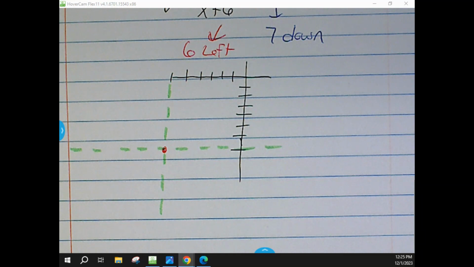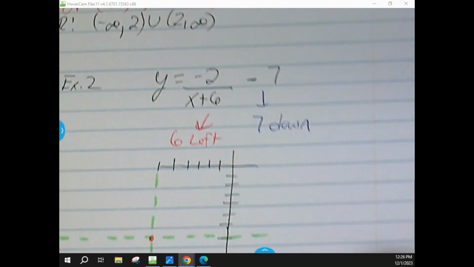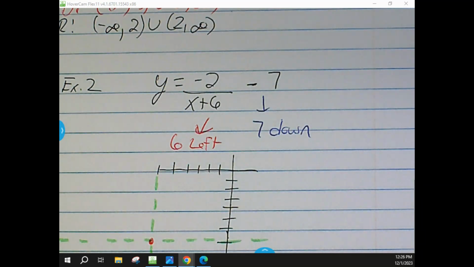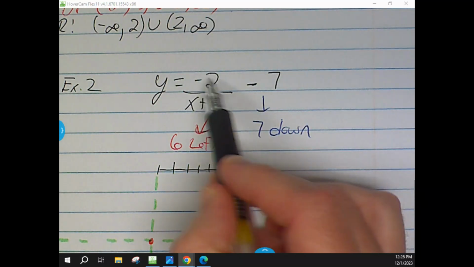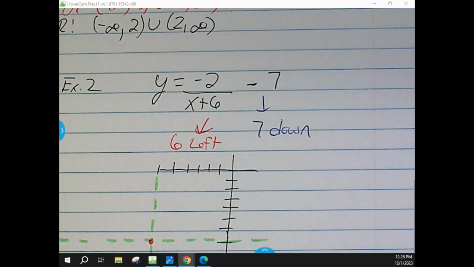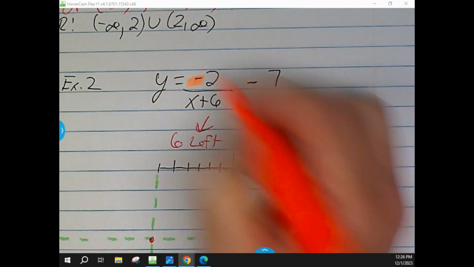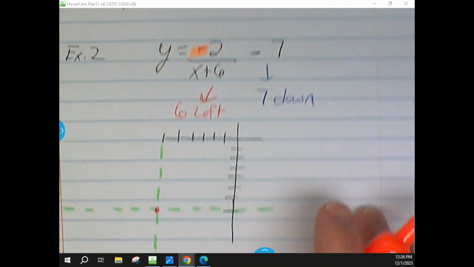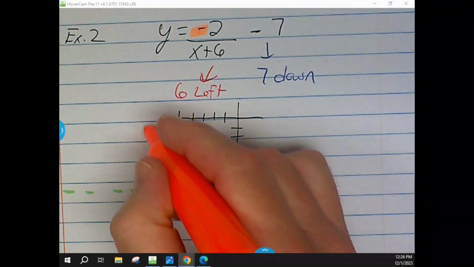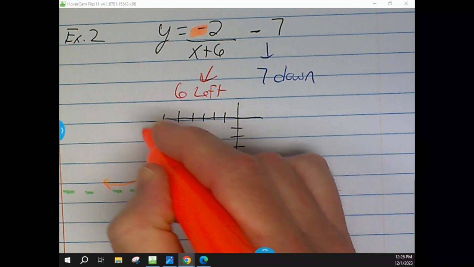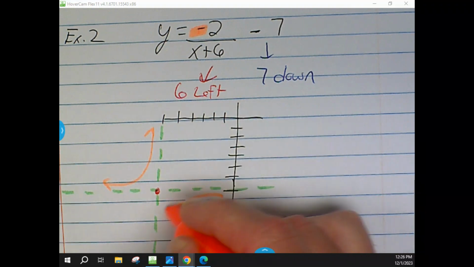Okay, and then the other thing you need is, because this top number is negative, that tells us where this is going to go. And since the top number is negative, that means we're going here and here.